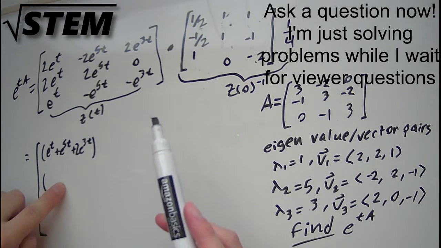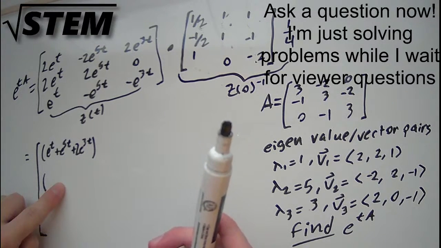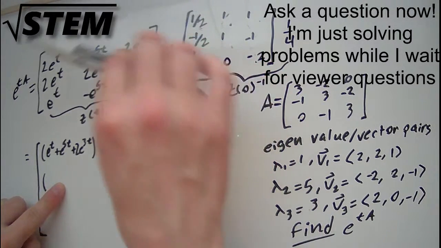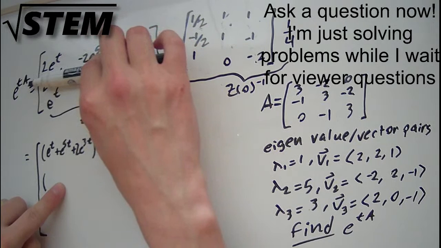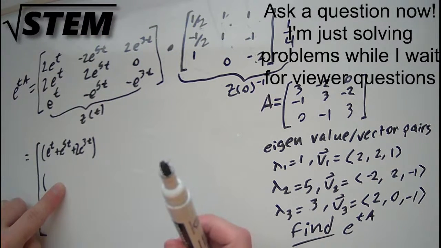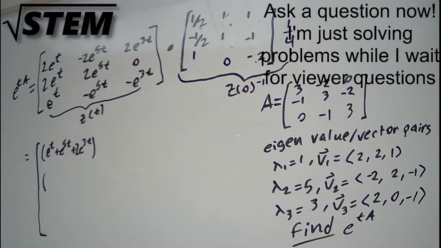So for this one, we want to dot this column with this row, I believe. Right? Even though we've done a lot of matrix work in this class, I haven't multiplied a big 3x3 matrix by hand in a while.